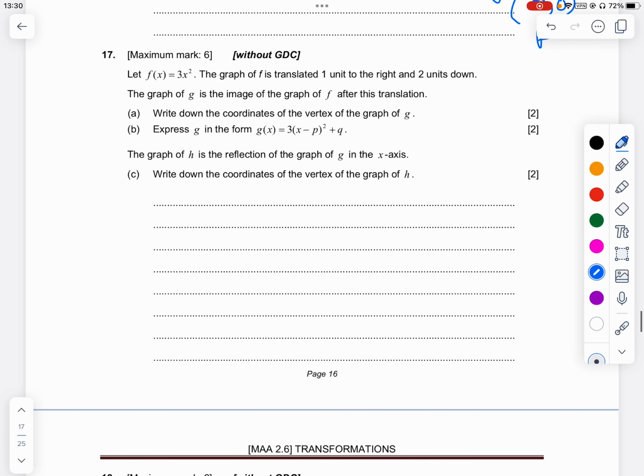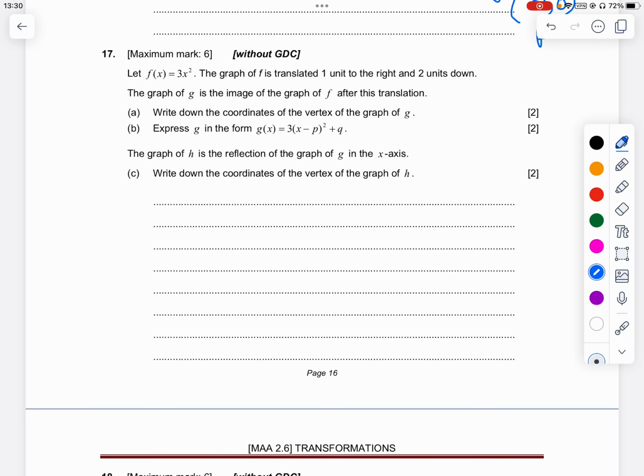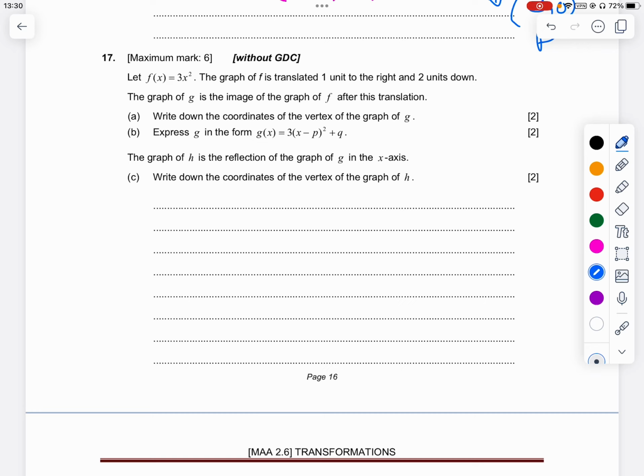Question number 17. f of x equals to 3x square. The graph of f is translated 1 unit to the right and 2 units down.